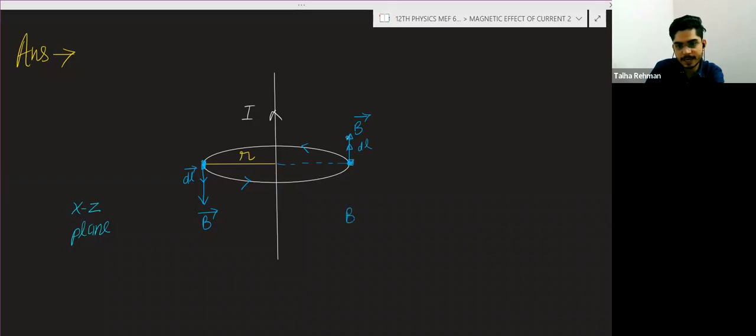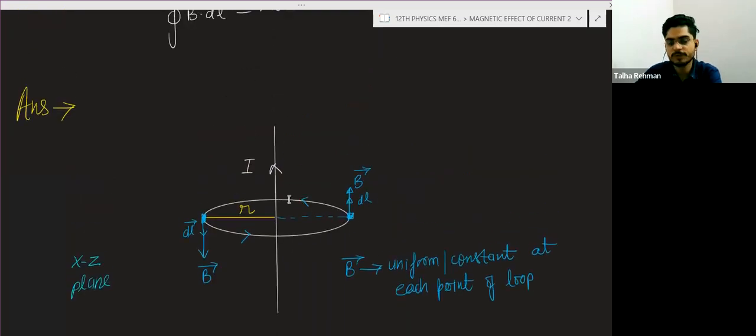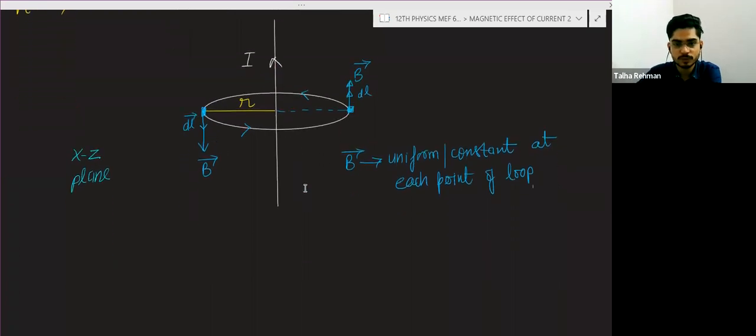So here the magnetic field B is uniform or constant. Constant means at each point of the loop, you will get the same magnetic field, the magnitude you will get the same.